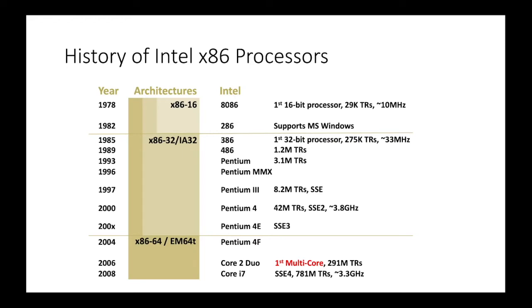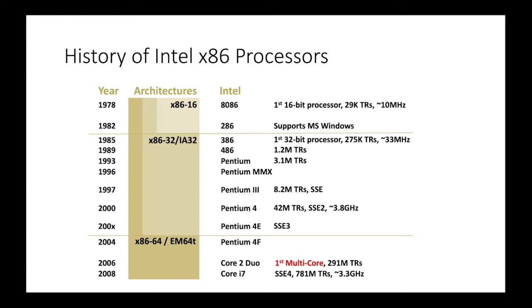Here is a brief history of Intel x86 processors. The very first 16-bit x86 processor, the 8086, was introduced in 1978, which ran at about 10 MHz and was implemented using only about 29,000 transistors. Next, the 286, which supported Microsoft Windows for the first time, was introduced in 1982.